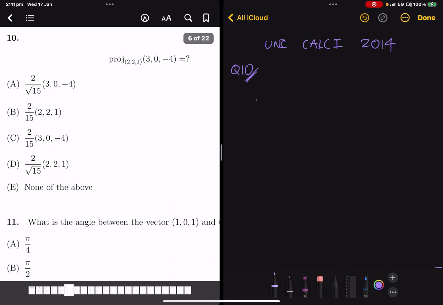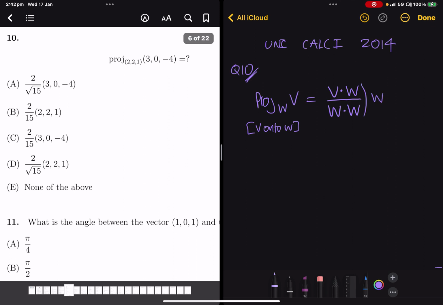So we have projection of V onto W. V onto W is the wording, is equal to V dot product W over W dot product W multiplied by W.